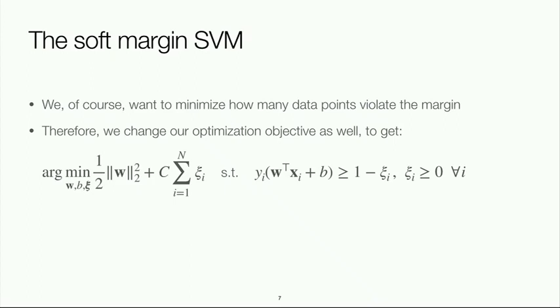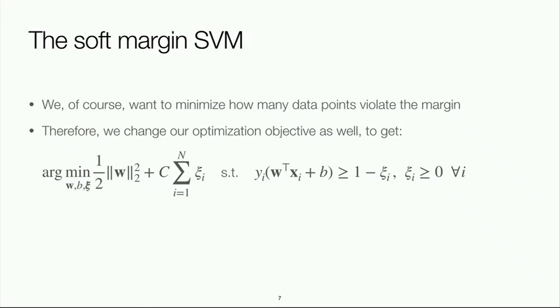Minimize with respect to that as well, so minimize with respect to the xi's how much the total xi's actually incur me. And then this is where our C comes in. This is our coefficient, which we choose, which tells us how much we care about correctly classifying all data points, which would be the sum of all my xi's, versus how much I care about building a classifier that has as big of a margin as possible on all of the remaining data points that I am correctly classifying. That would be this term right here that we had before in our hard margin SVM.